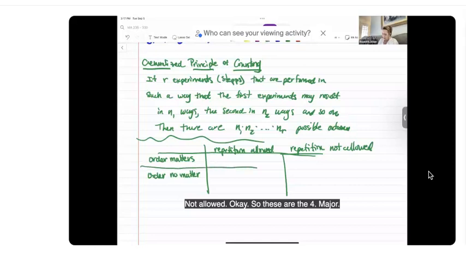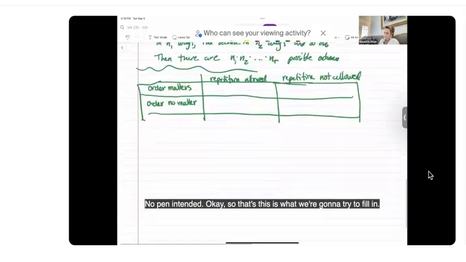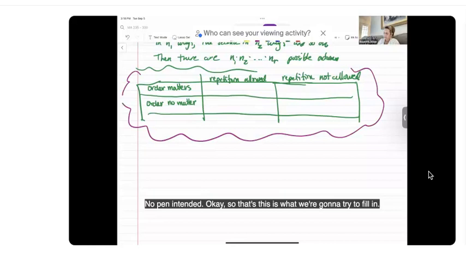Okay? So these are the 4 major things that we are going to try to count. And then realize that problems rarely come out so nice and neat and will involve some combination of them. No pun intended. Okay, so this is what we're going to try to fill in. All right?